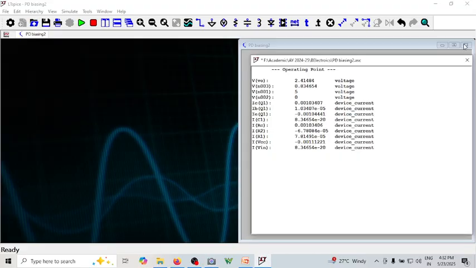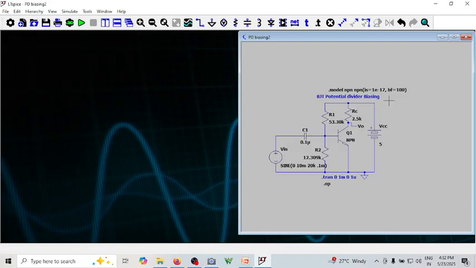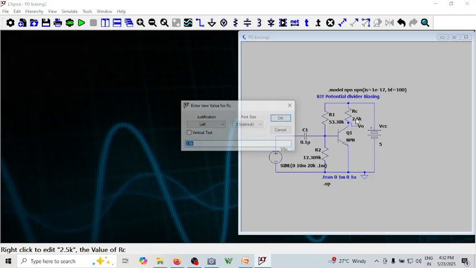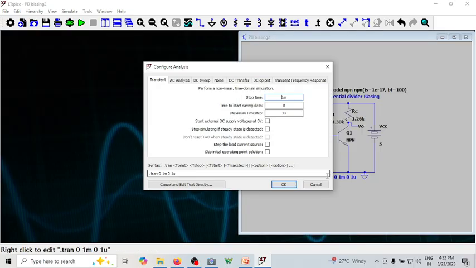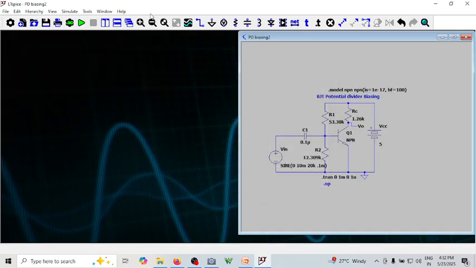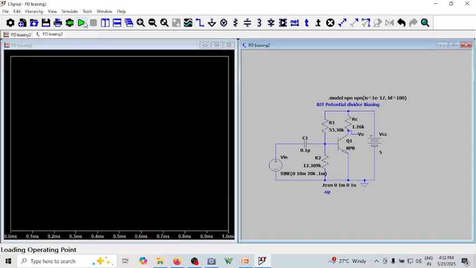I will change this resistance to 1.26k as my Rc value. If I save it and do the dot trend again and run, I will measure the output peak to peak.